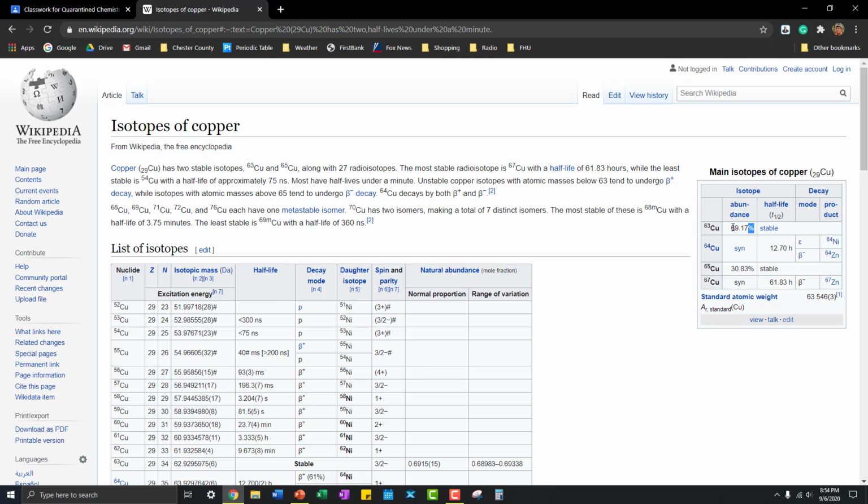Again, because 69% weighs 63, but you've got 31% that weighs a little more than 63. So that's why if you look on the periodic table, the average atomic mass of copper is 63.5.